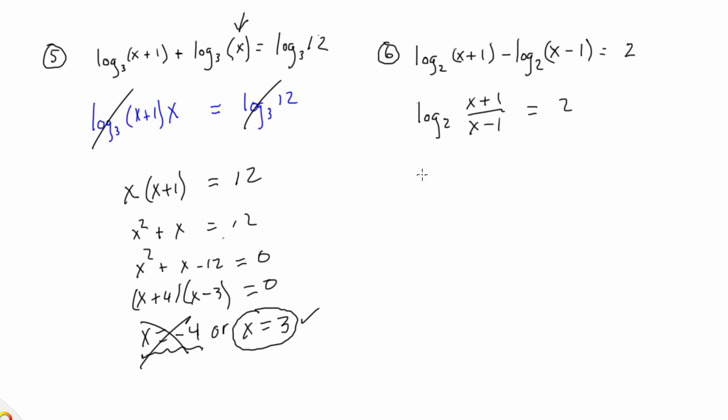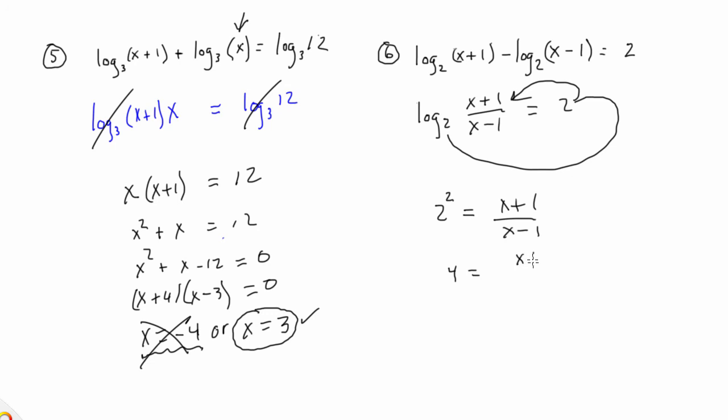Okay, so at this point again, I'm going to rewrite. So I have this 2 to that 2. So I'm going to write 2 squared is equal to all that stuff right there. So we get x plus 1 over x minus 1. Okay, I'm going to simplify this exponent right here. So we have 4 equal to x plus 1 over x minus 1.